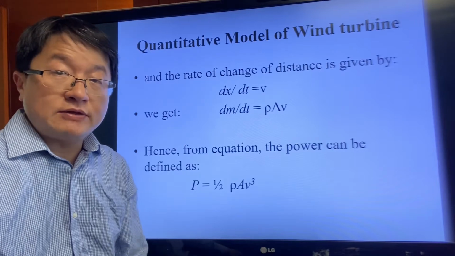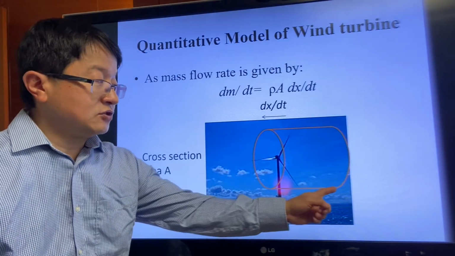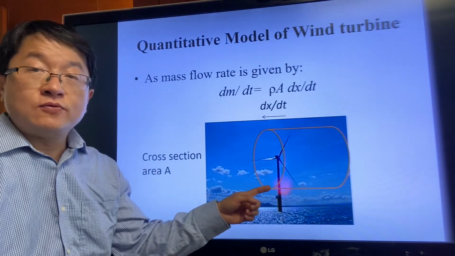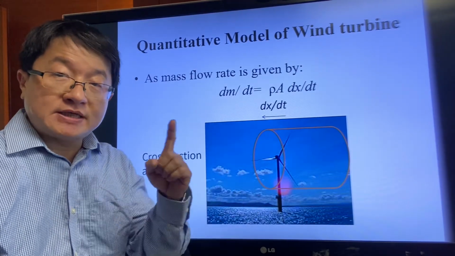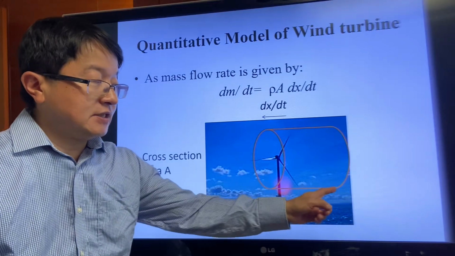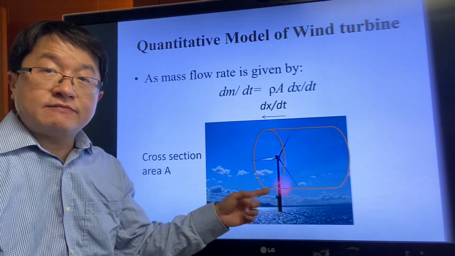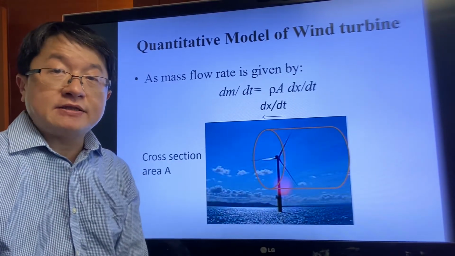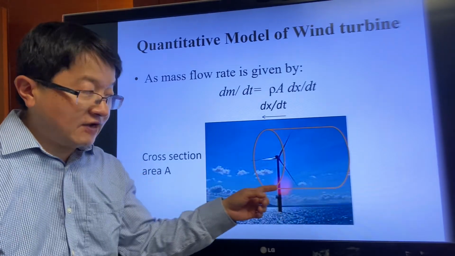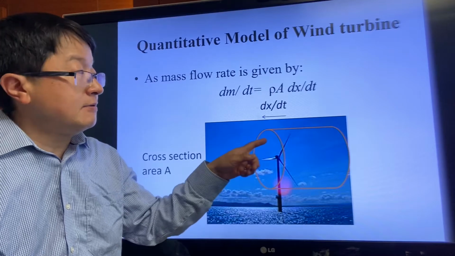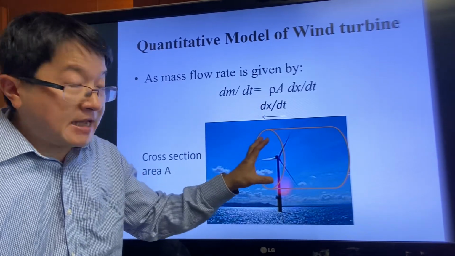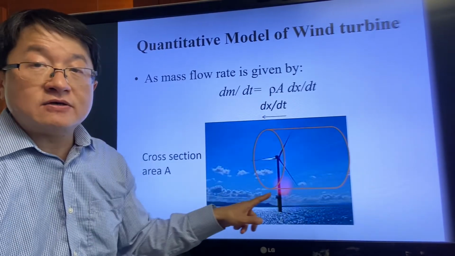In other words, in 1 second, the distance traveled by the wind will be v, say 5 meters per second. In 1 second, the wind travels 5 meters. Multiplied by A will be the volume, and then multiplied by the density will be the mass of this cylinder of air.